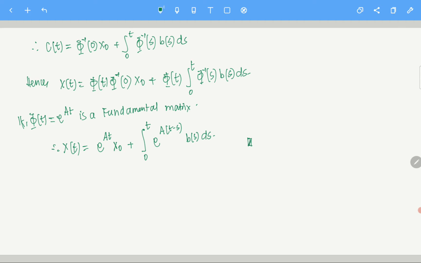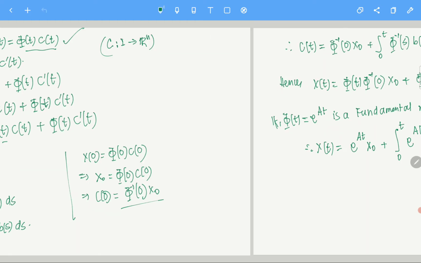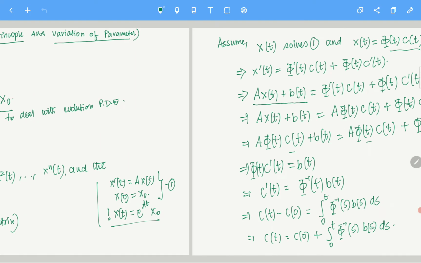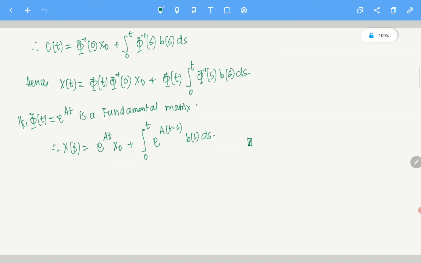The solution of 1 is given by exponential At times x naught plus the integral from 0 to t of exponential A(t minus s) b of s ds. Yes, I hope that is clear. So that is the solution. Now let me do one problem, and then that will be more clear.